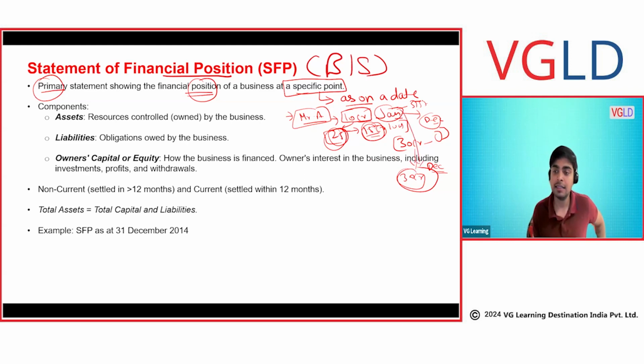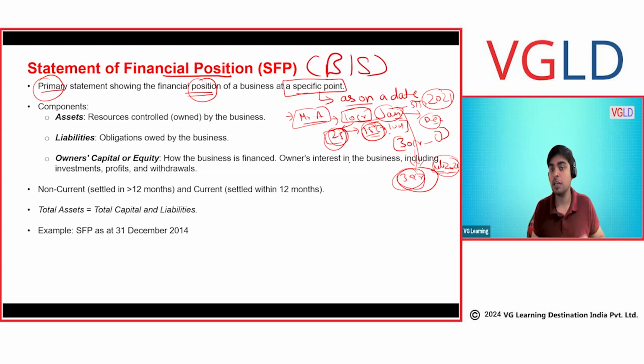Let's say this is January 2021, and instead of December, let's make it July 2024. Three years back, his net assets were 10 crore, but after 3 years, his net assets are 30 crore.